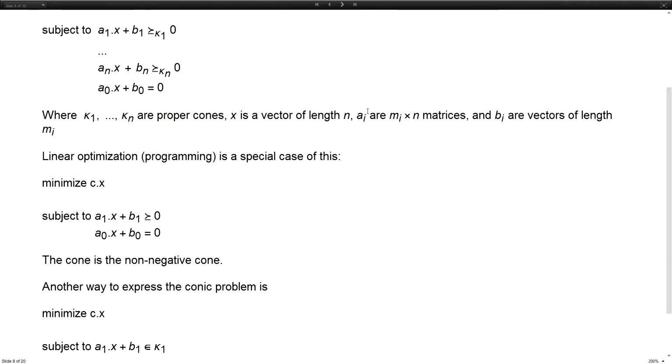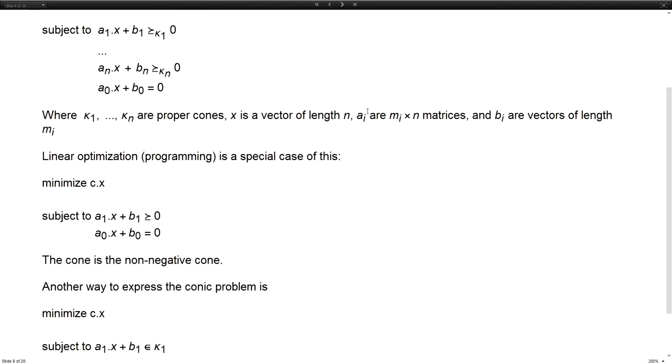It turns out that linear optimization, or linear programming, is just a special case of this. A1x plus b1 is, using a cone greater than or equal, the non-negative cone of size n, where n is the number of inequality constraints. I have the equality constraints. This is the way that Boyd and a few authors write the conic problem.